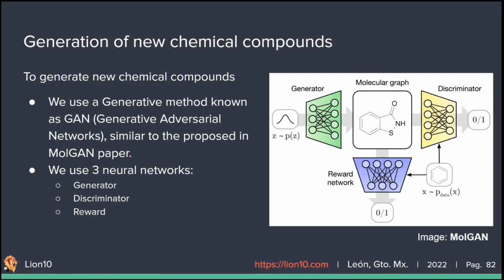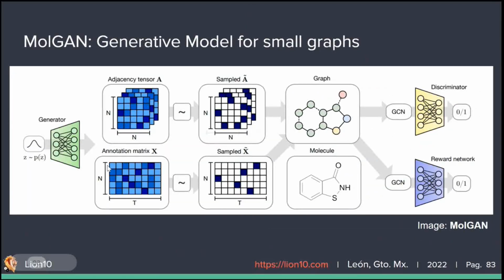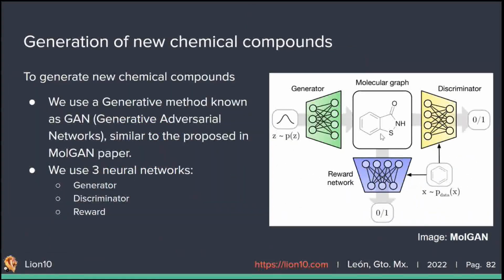Generation is going to be a similar process to training, which we already covered, except that we're going to be covering two literature examples right now. The first one is Mulligan, which is this architecture right here, and the other one is GCPN, which we did not document here because we chose to implement Mulligan for the demo.